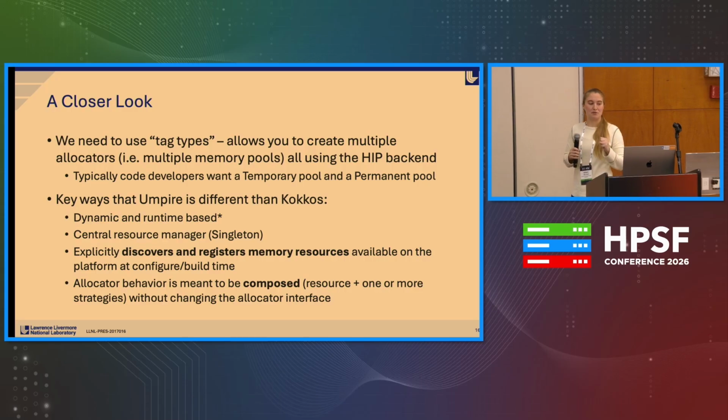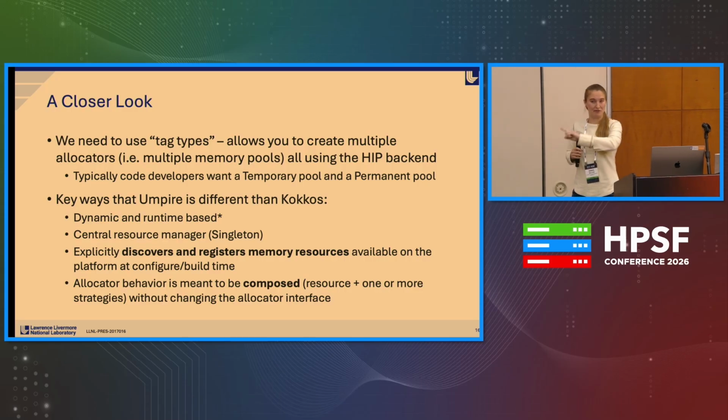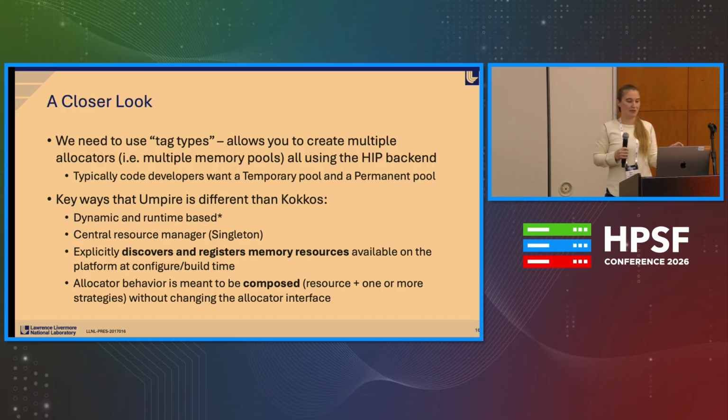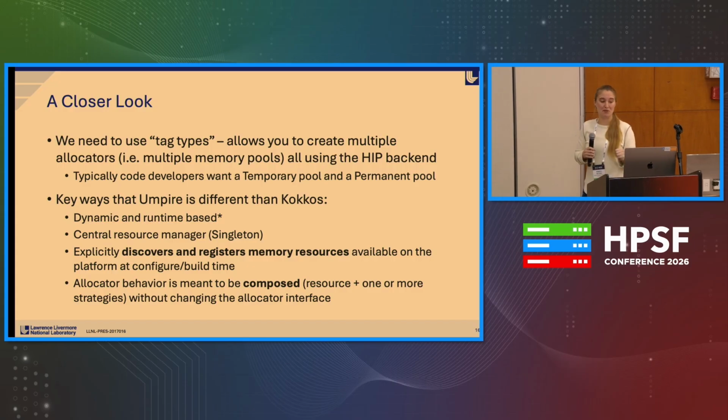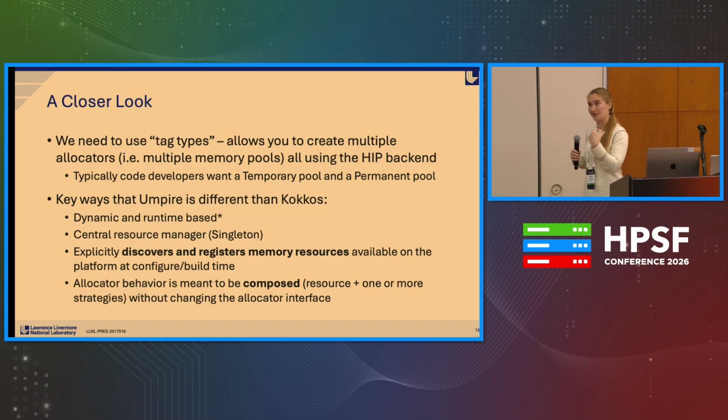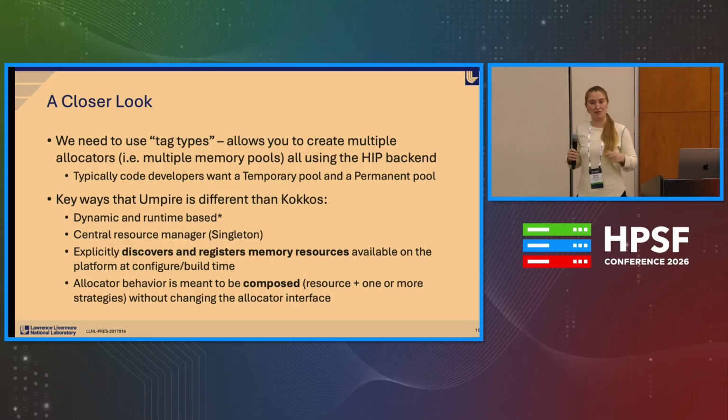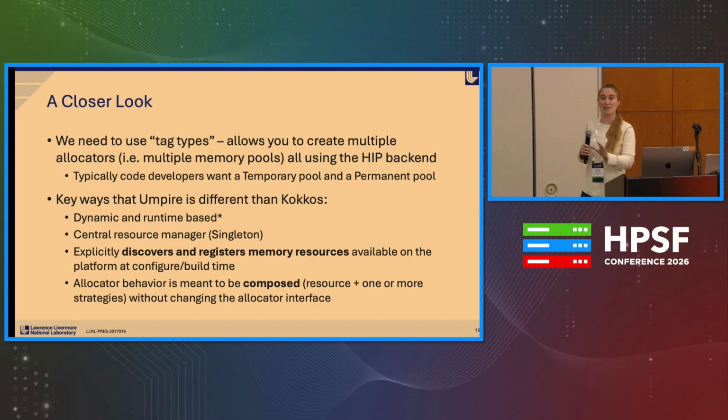And then a closer look here. I mentioned the tag types before. That was the first thing you did when doing the UmpireSpace. This allows you to create multiple allocators or multiple memory pools that both use Kokkos's HIPSpace backend. Kokkos kind of frowns upon that, but in this particular circumstance, it makes a lot of sense.